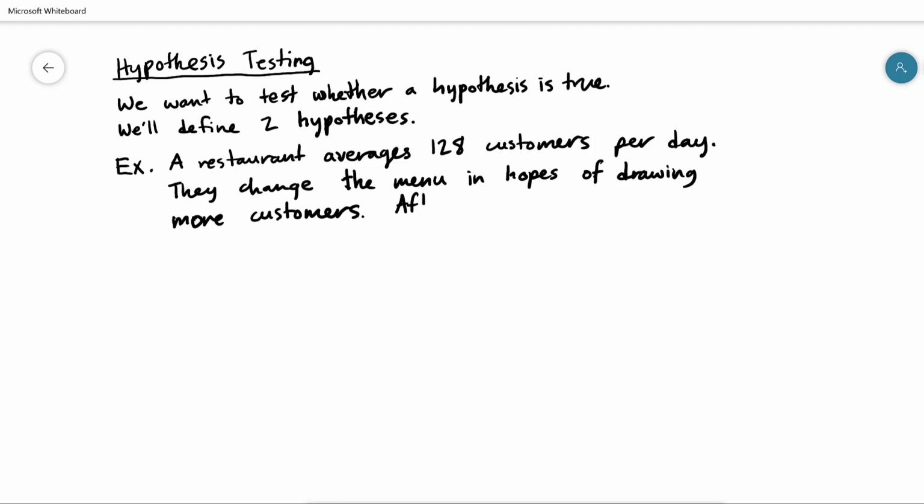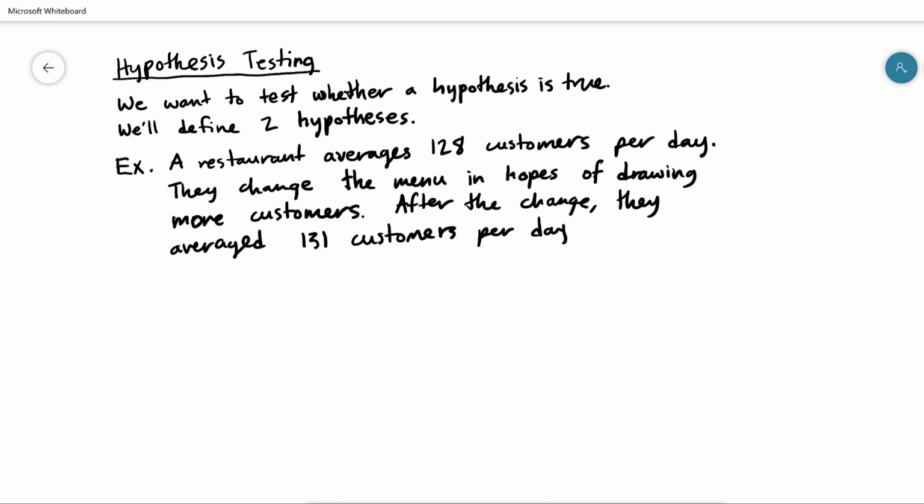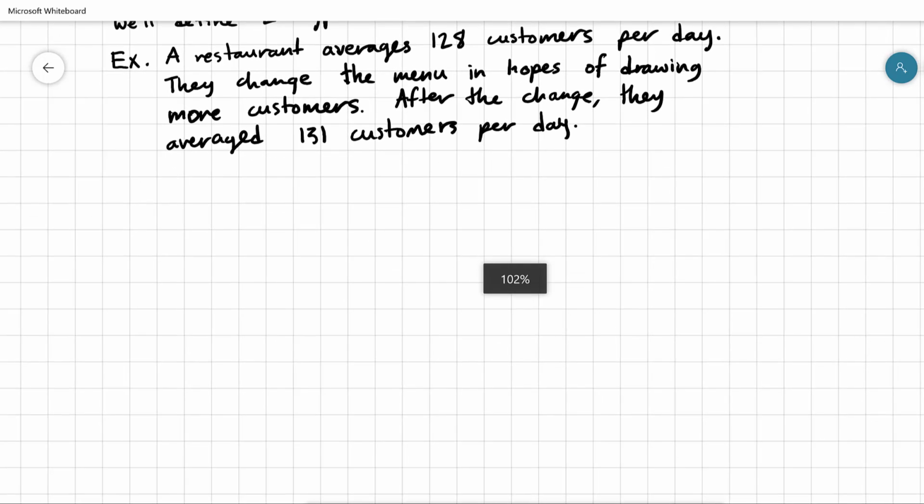So after the change, they averaged 131 customers per day. And we want to know whether or not this menu change was effective. Did it have the desired result? So here's the two possibilities. Here are our two hypotheses.